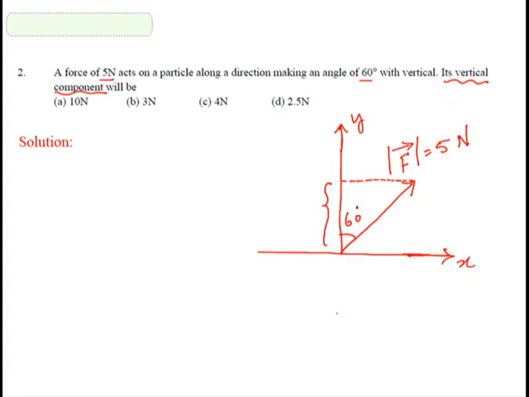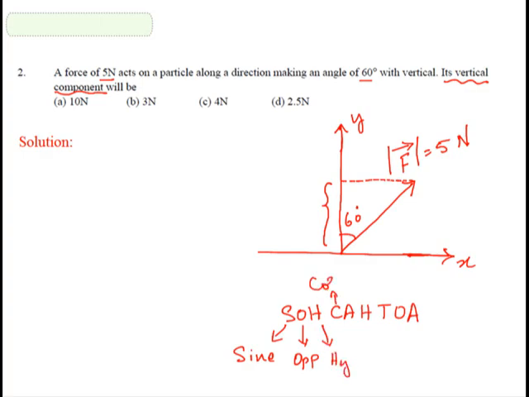You must have learnt in trigonometry the SOHCAHTOA rule, right? SOHCAHTOA. This is sine, this is opposite, hypotenuse, this is cos, this is adjacent, this is hypotenuse, this is tan, this is opposite, this is adjacent, right?